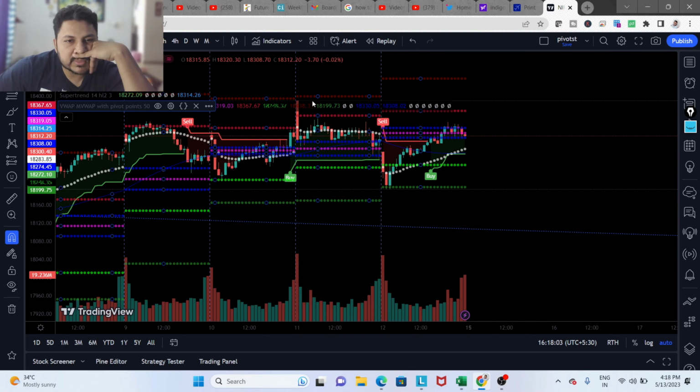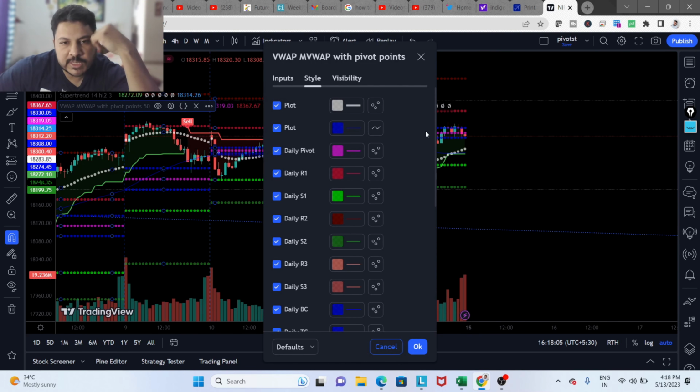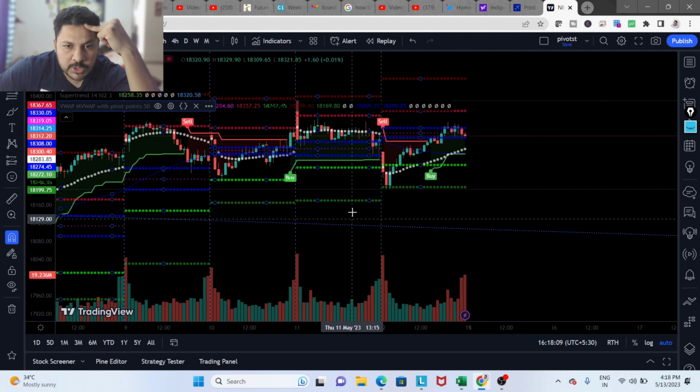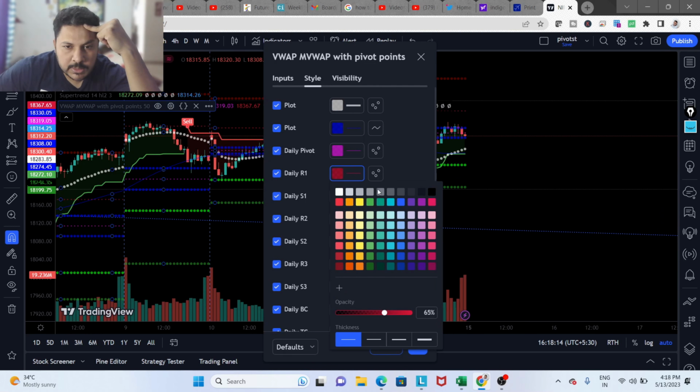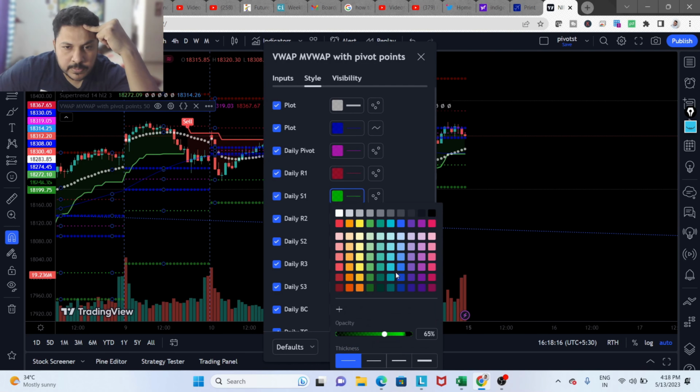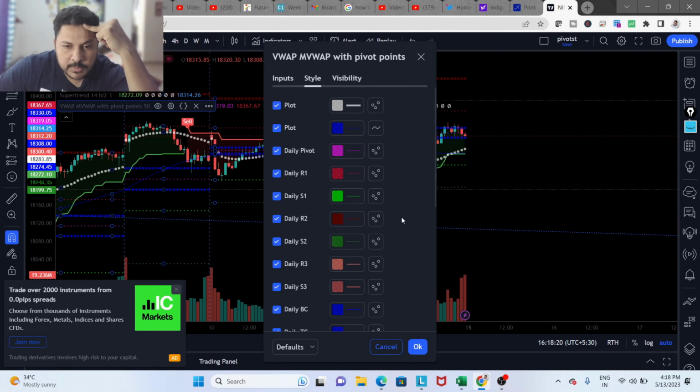Okay, so the white line is about CPR. So let's make the settings clear. I don't want such heavy lines on my chart. I want to keep it very simple. Let's keep it minimum thickness.